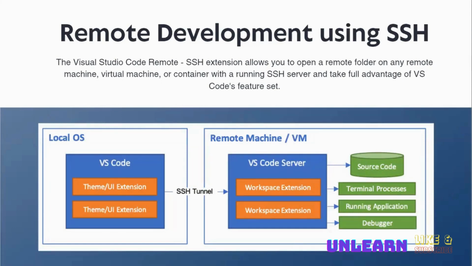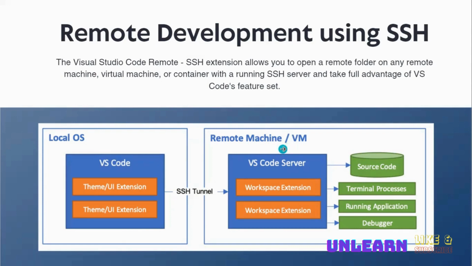That means if you have VS Code installed on your machine and you have a VM instance spinning on the GCP cloud, the SSH server is running on that VM instance. Here in the local machine, you will have VS Code. From this to the VM instance, you will make one SSH tunnel which connects you to the SSH server, and there you will have folder access and file access also.